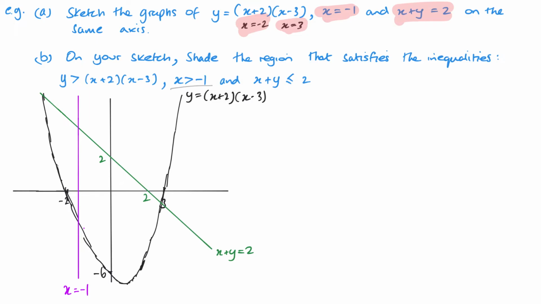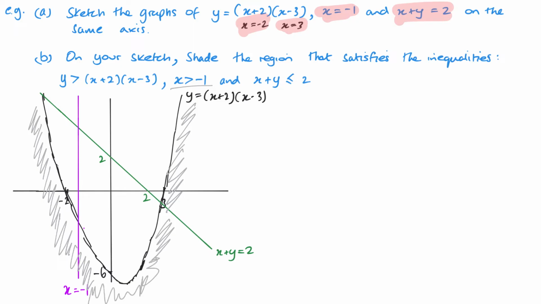So we are actually getting rid of this region, all below or on the outside of this curve. Next, I want x greater than -1, so I'm going to get rid of this region all the way down here.